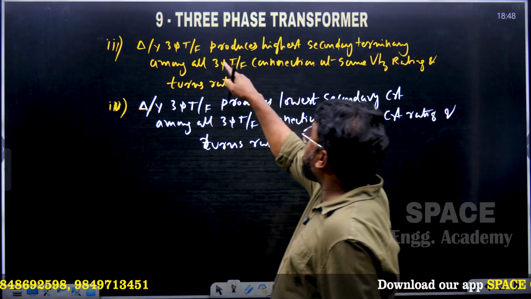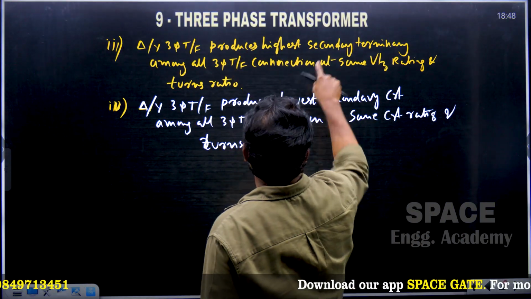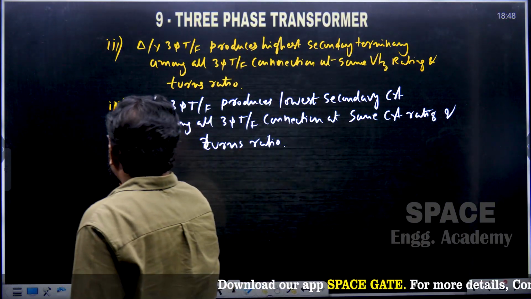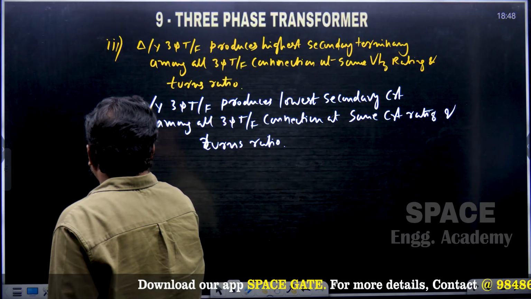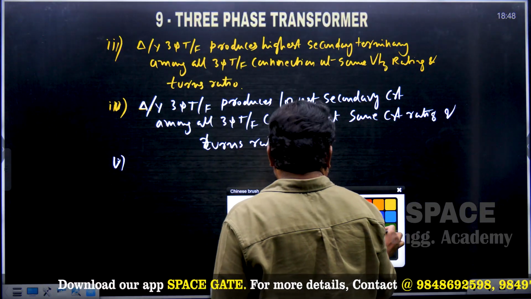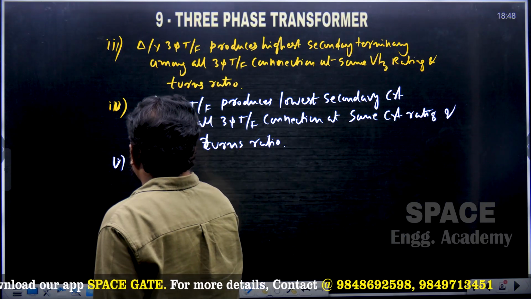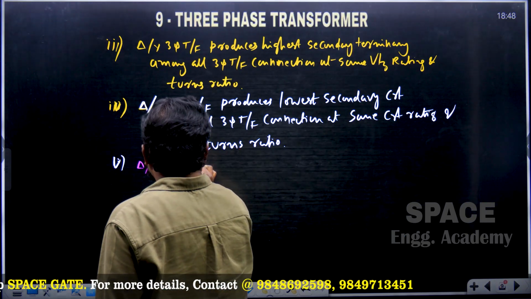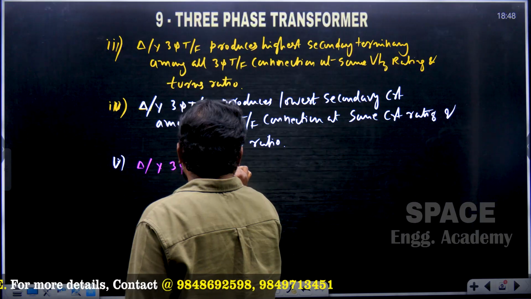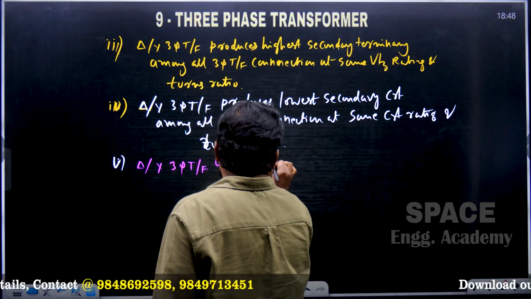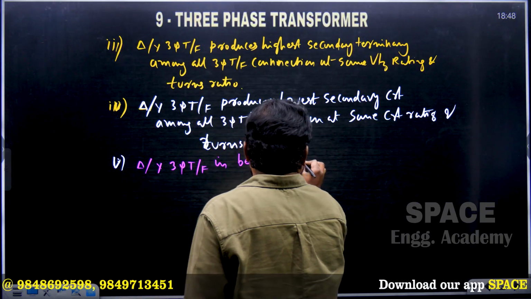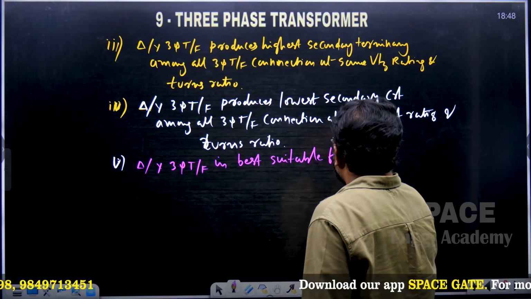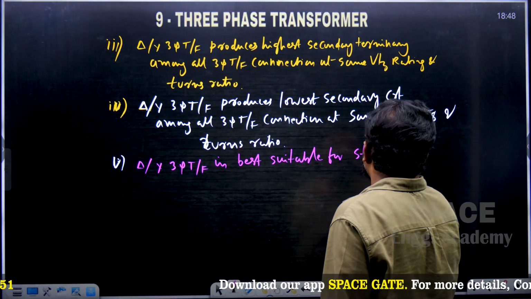మరి ఇప్పుడు ఇక్కడ secondary terminal voltage is high, current is low. So that's why, another point, the delta star 3-phase transformer is best suitable for step up transformer.